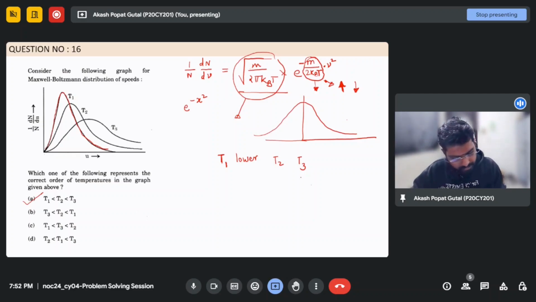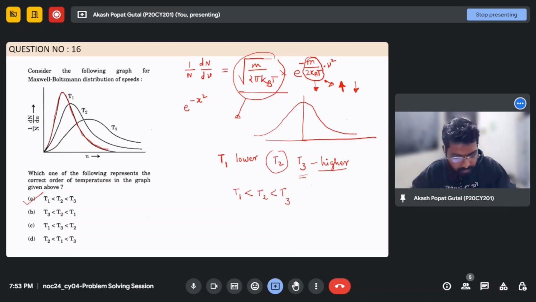So T3 will be at the higher side, and T2 is just in the middle. So your answer should be T1 is the lowest, then T2, and then T3.